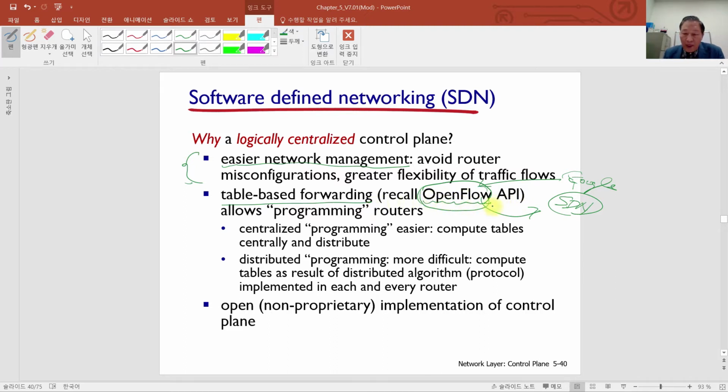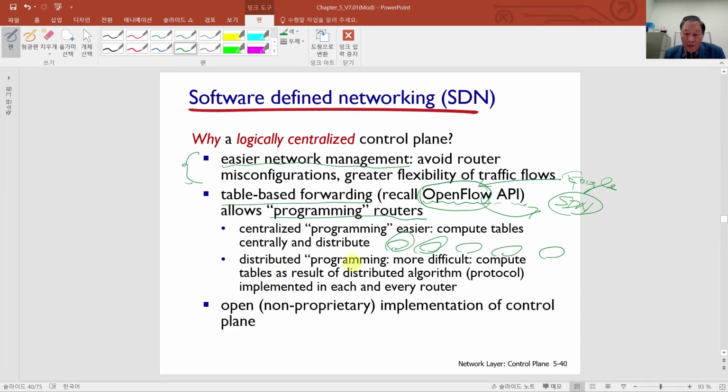Recall the OpenFlow API, and this one is allowing programming routers with software, and this centralized programming is easier: to compute tables centrally and to distribute them to the agents in the switches.